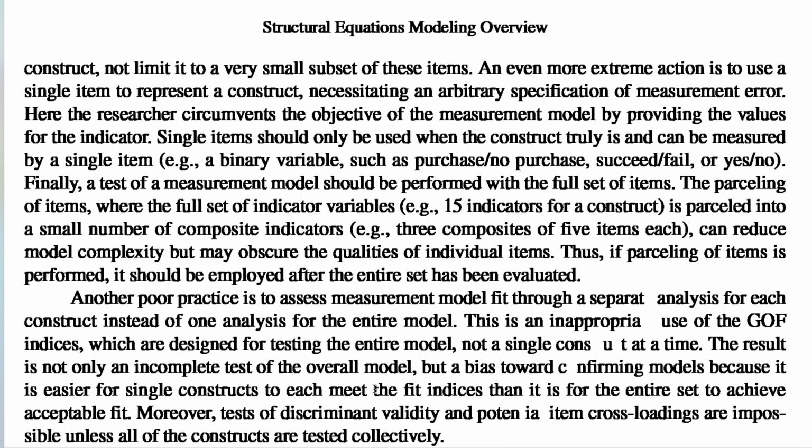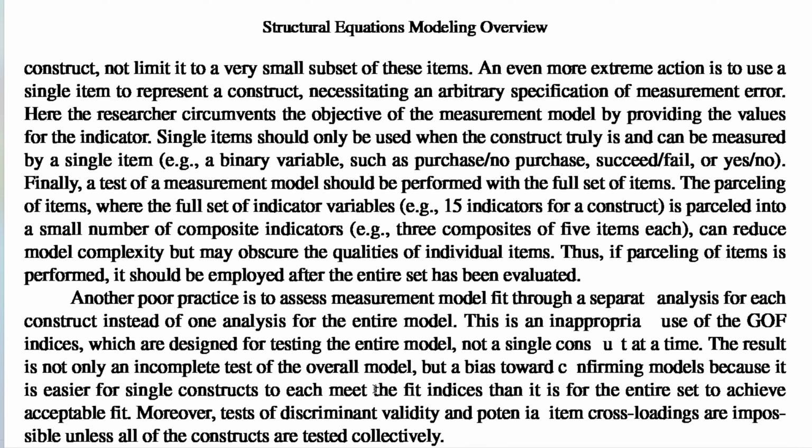Another poor practice is to assess the measurement model fit through a separate analysis for each construct instead of one analysis for the entire model. This is an inappropriate use of the goodness of fit indices, which are designed for testing the entire model, not a single construct at a time.